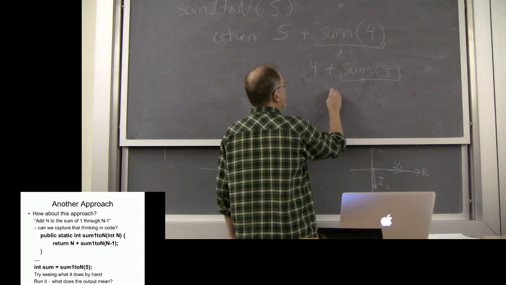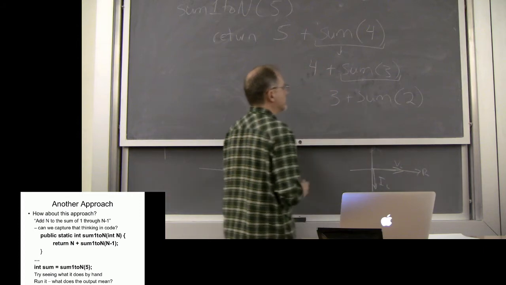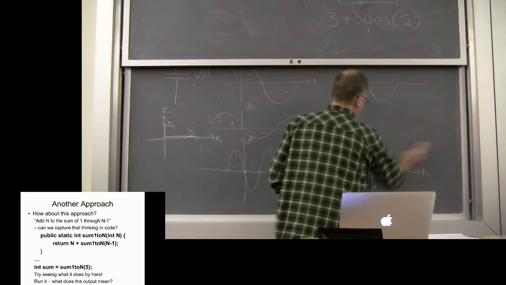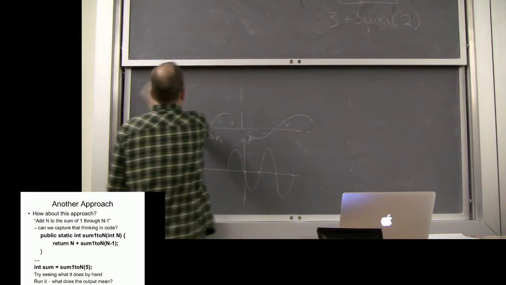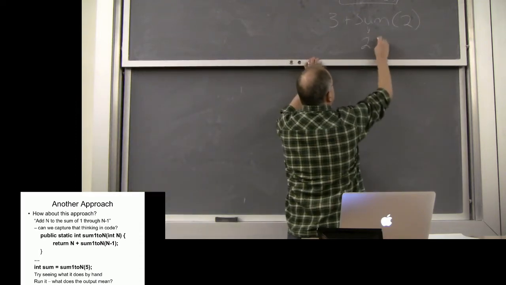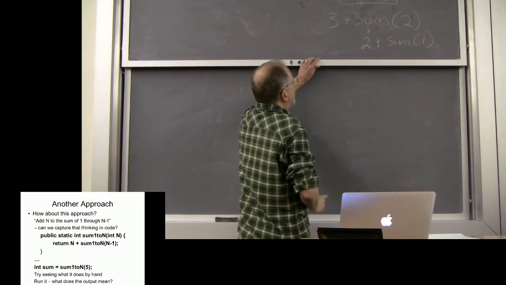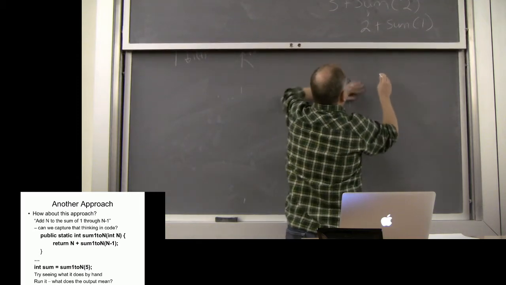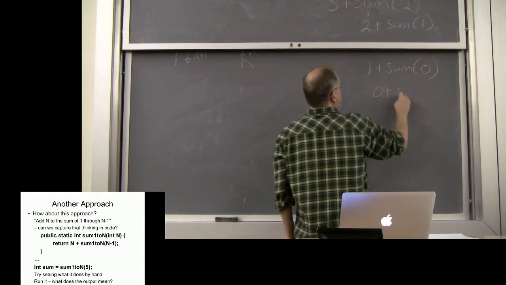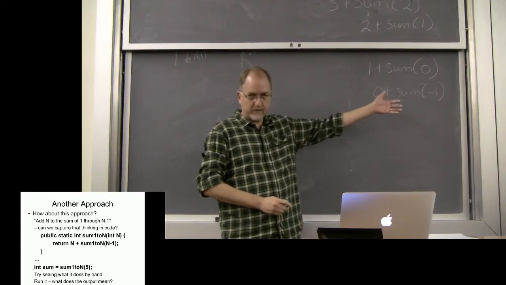This becomes 3 plus the sum of numbers 1 to 2. This, whoa, more stuff here. This becomes 2 plus the sum of numbers 1 to 1. That becomes 1 plus the sum, 0, 0 plus the sum, minus 1, and it never stops, right? So this code isn't quite right.